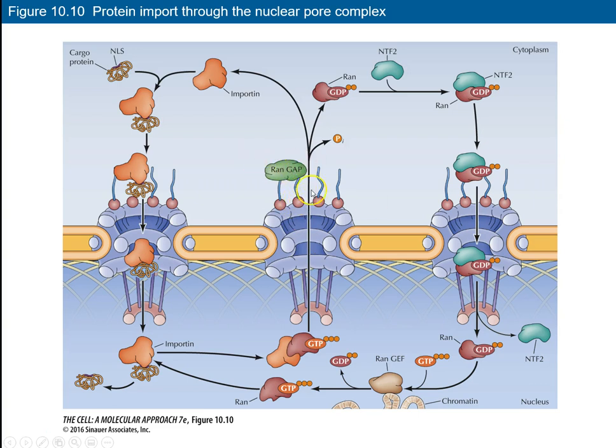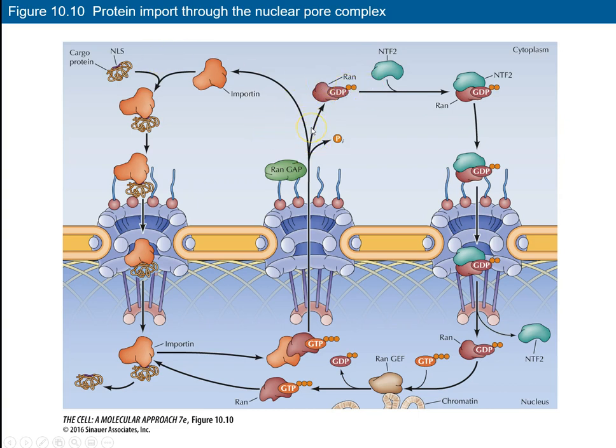Another thing that's happening, there's another protein here, this RAN GAP, and what that does is control what's going on over here. It's also important that RAN can get converted back to its GTP form. So once it came out and passes this RAN GAP, it gets converted, which allows that importin to be released.